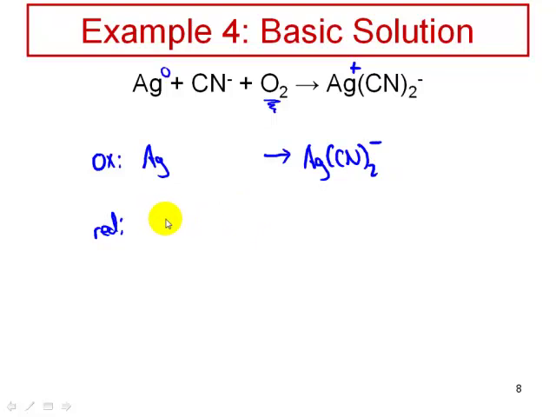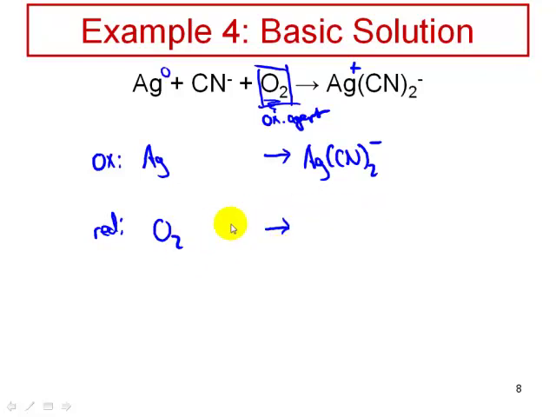The reduction half reaction has got to then involve this guy getting reduced to something. But you see, there aren't any other products. That's because the equation isn't balanced yet, right? So in the reduction step, this oxygen, which by the way is the oxidizing agent in the reaction, is going to get reduced to something.